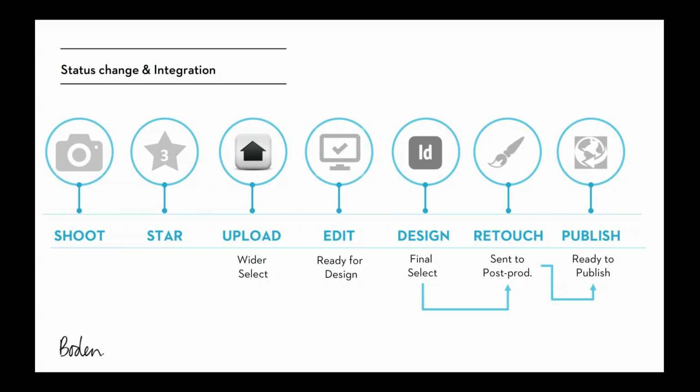After that, the art directors are able to go into the DAM and review their edits, perhaps review the starring, and then approve the images that they are happy for our designers to use. So that is a second status, which is ready for design.